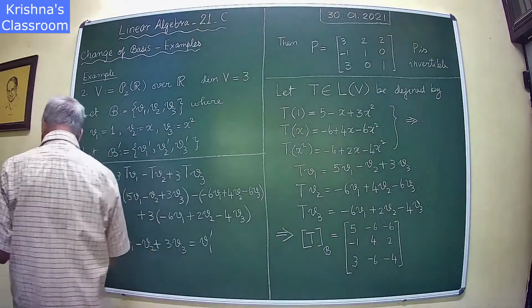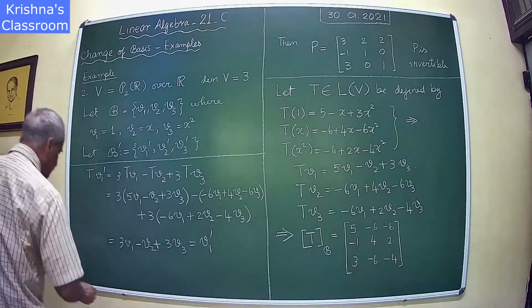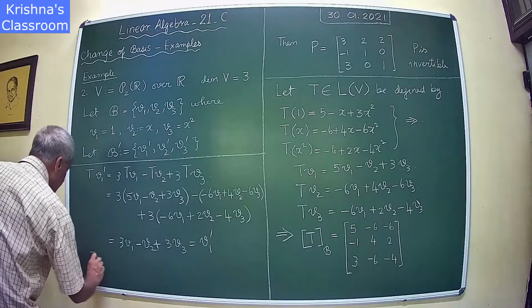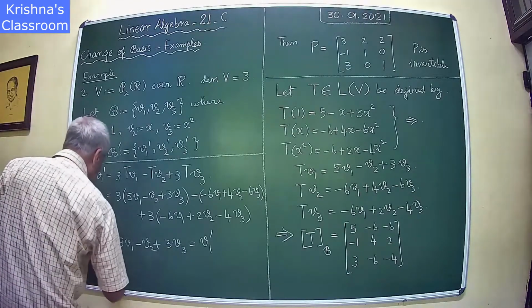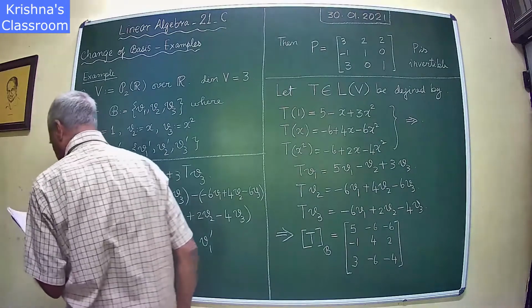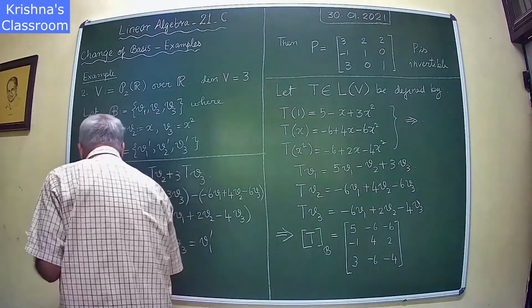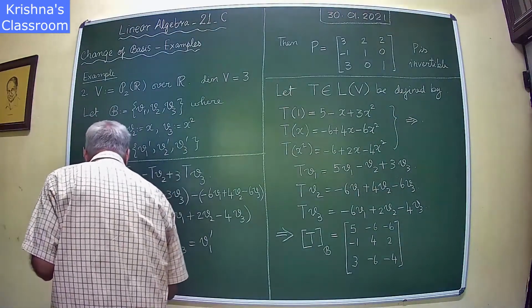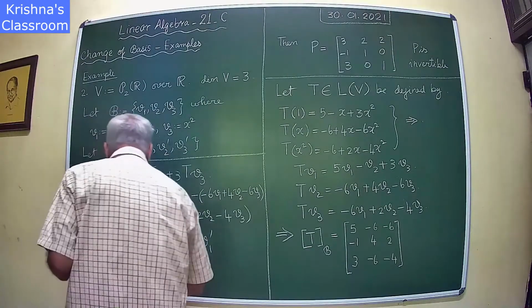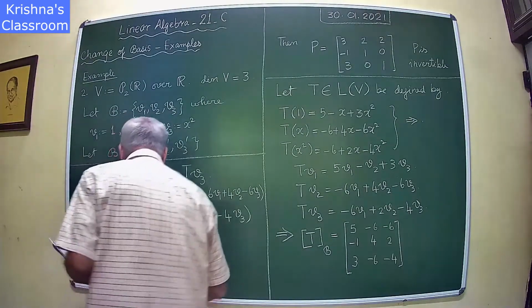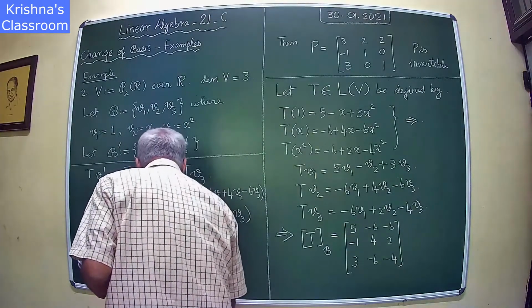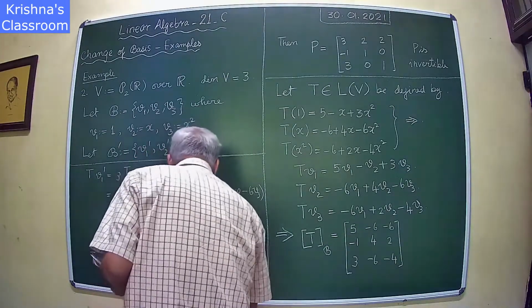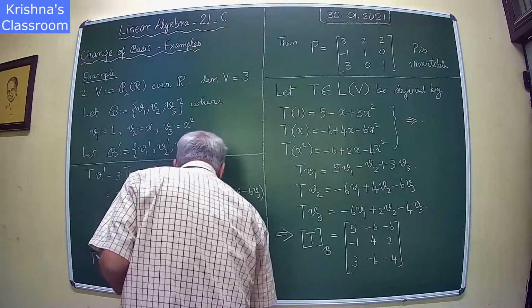Likewise, you can compute T v2 prime and show that this is equal to twice v2 prime, and compute T v3 prime and show that this is equal to twice v3 prime.